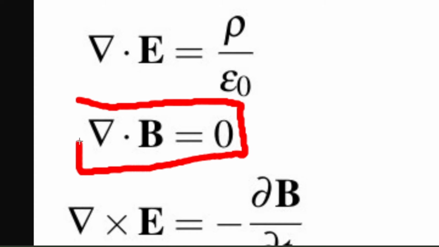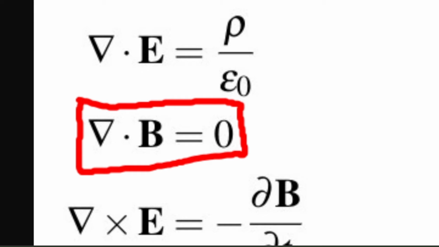If we come to the second part, what does it tell us? It tells us a very good thing: the divergence of the magnetic field at any point will be 0.